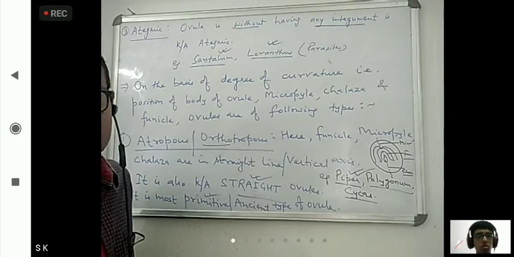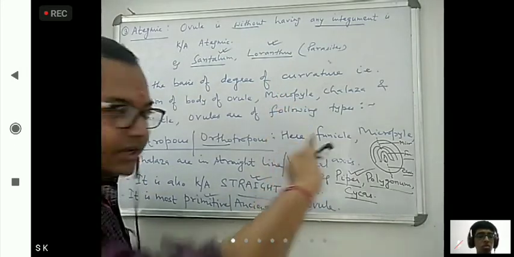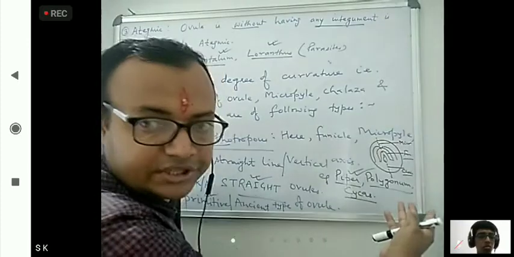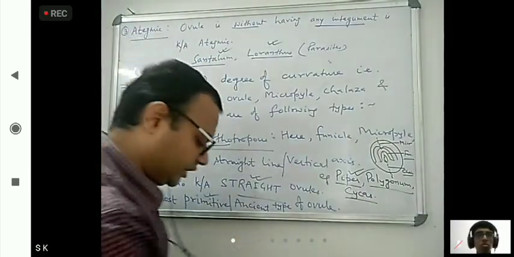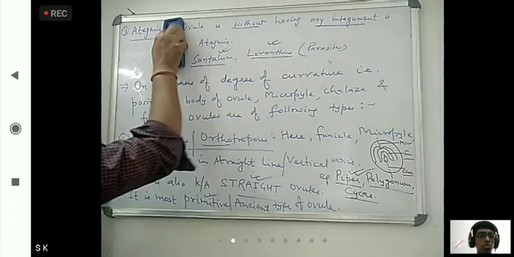Next we have to see, this is upward. Now next, if this is reversed with 180 degree, then it is known as anatropous. So next is anatropous.